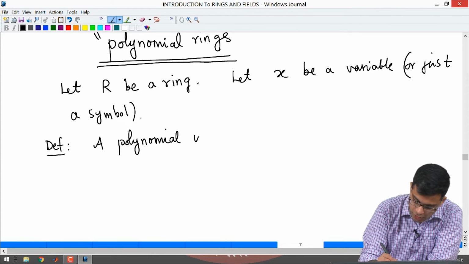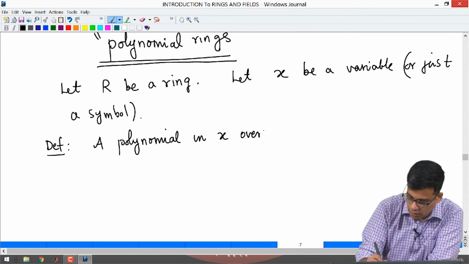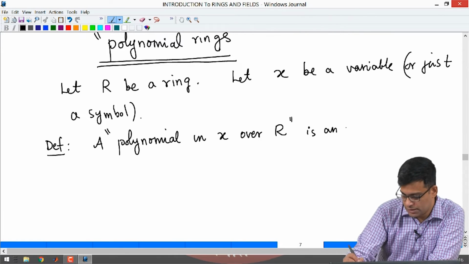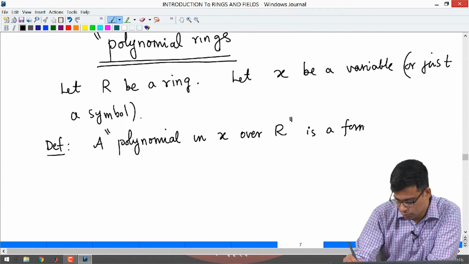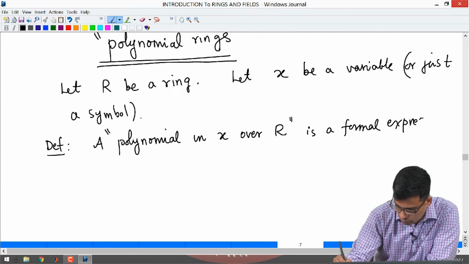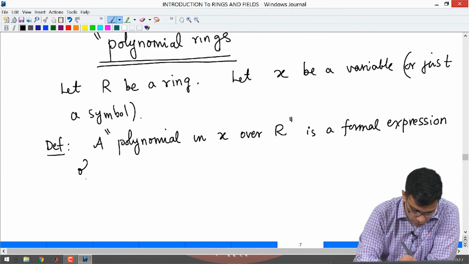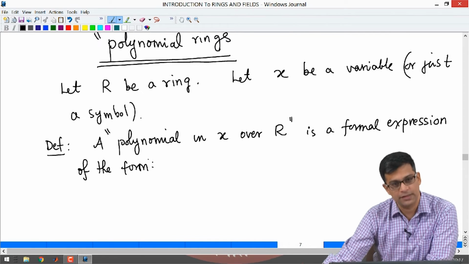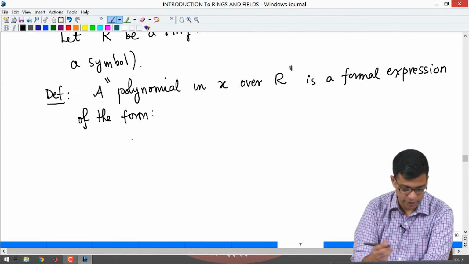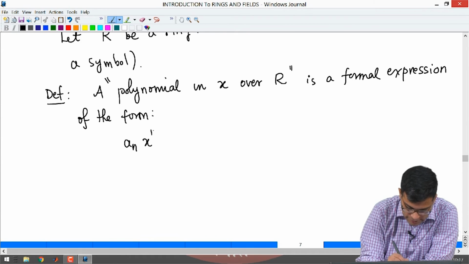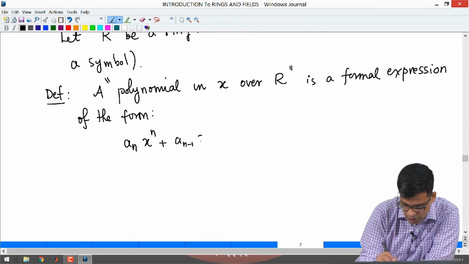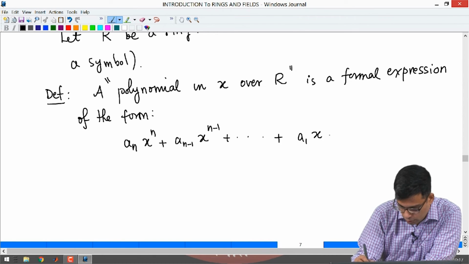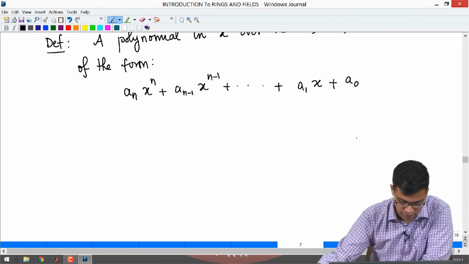So, this is the terminology. A polynomial in x over R is a formal expression of the form a_n x^n plus a_{n-1} x^{n-1} plus ... plus a_1 x plus a_0. What are these things?